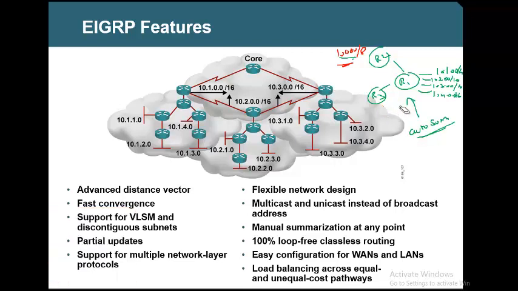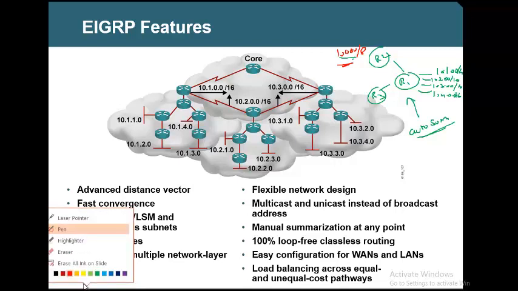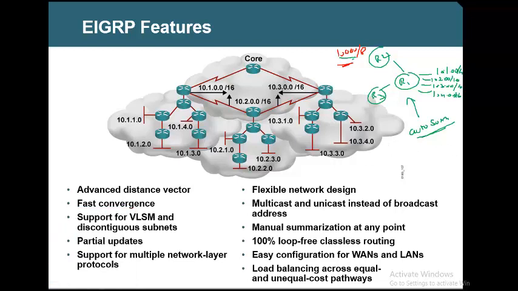But if I wish to have detailed routes in R3, what I need to do is I need to say no auto summary, so that in R3 I'll get all 4 detailed routes. But I'll go to this port on R1 and I'll do manual summarization, saying, hey router 1, when you're sending in this direction, send like this: 10.0.0.0/8.